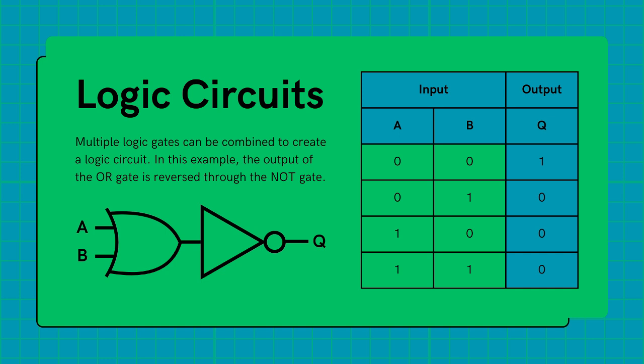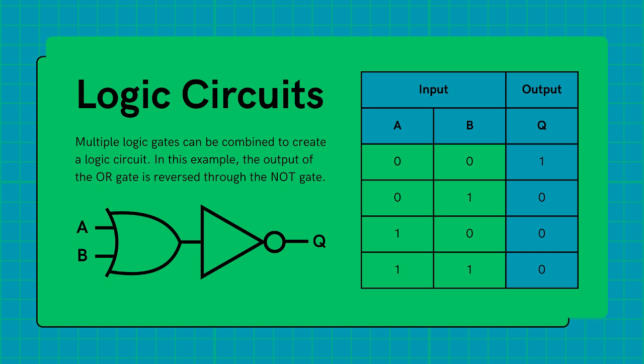So when A is 0 and B is 0, the output is 1. The reason is that when A and B are 0 in the OR gate, the output will be 0, and in the NOT gate, the output is the reverse or the opposite of the input. So when the input of the NOT gate is 0, the output will be 1.